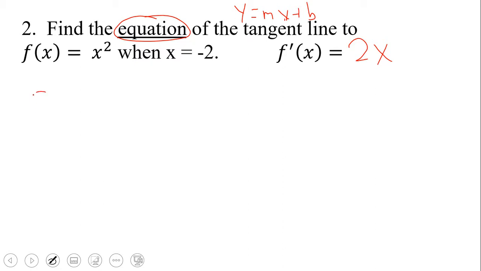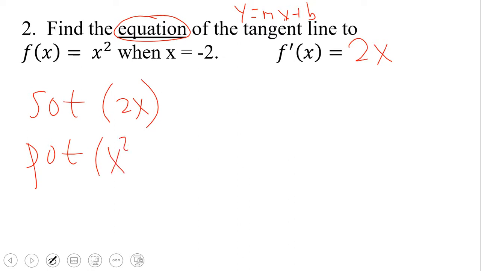I like to call them the SOT for the slope of the tangent line, and the POT for the point of tangency. The slope of the tangent line always comes from the derivative, which in this case would be 2x. The point of tangency has to be on the original f, which in this case would be x squared.